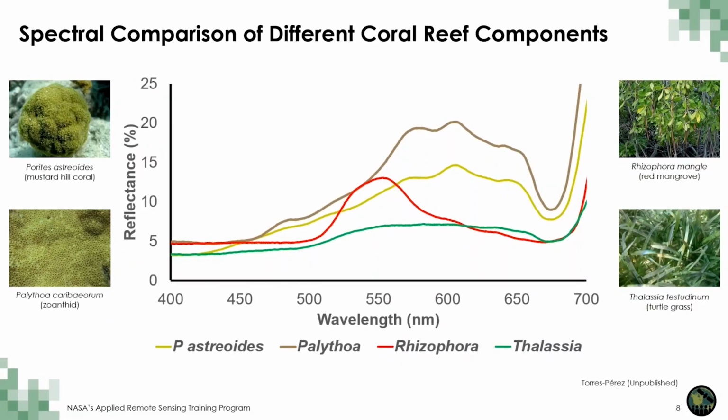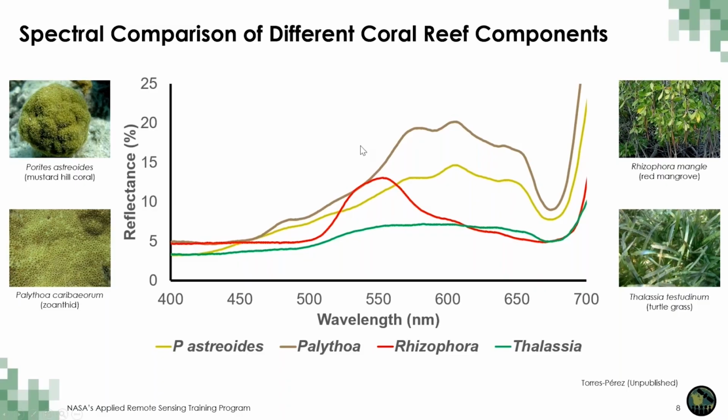Now let's take a look at how in situ data collected with a handheld spectroradiometer, in this case a GER 1500 that has 512 spectral bands with a nominal bandwidth of approximately 1.5 nanometers, shows differences in the visible spectrum between four typical coral reef components, in this case of the Caribbean.